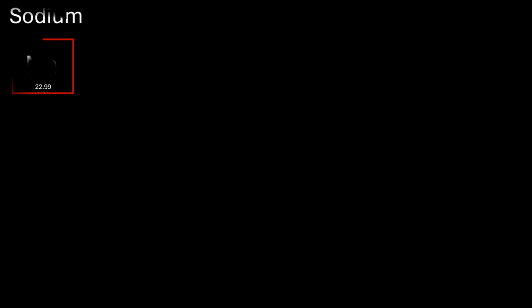Let's take a look. Sodium has an atomic number of 11, which is also the number of protons. Remember, the atomic number is also the number of protons, so 11 protons. Since this sodium is not charged, the number of electrons should be the same as the number of protons, which is 11.